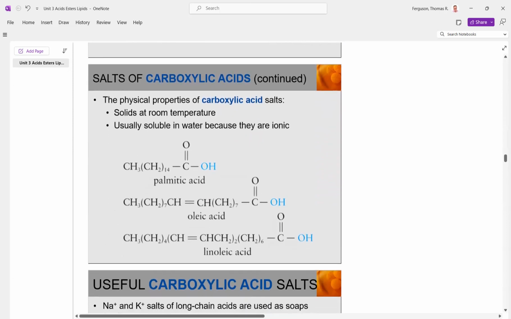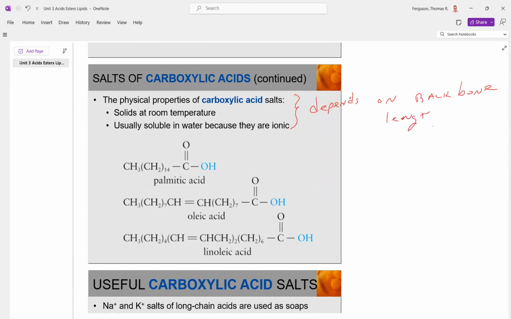Okay, so this depends on the length of the backbone.